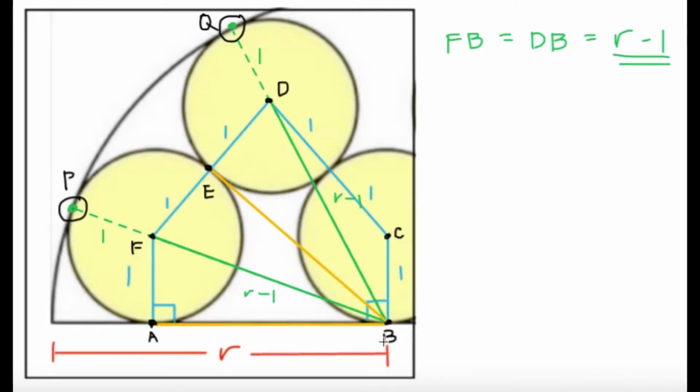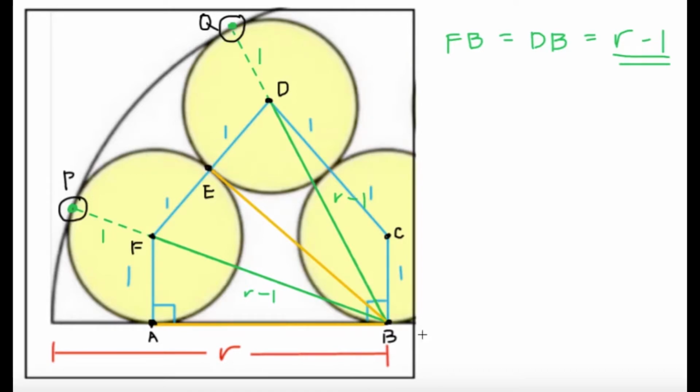Since DB and FB are both equal to r minus 1, BE is a median to DF, because ED and EF are both radii of the 2 circles over here, so they both have a length of 1.